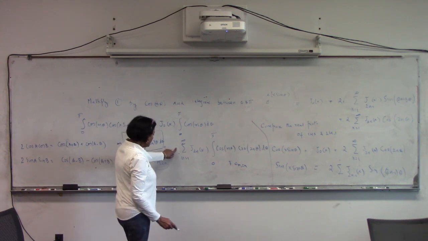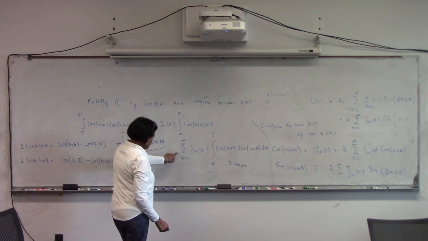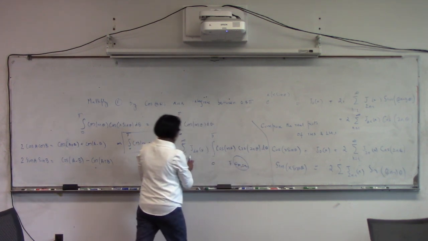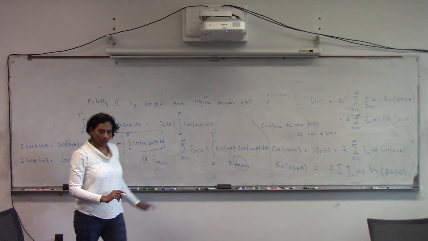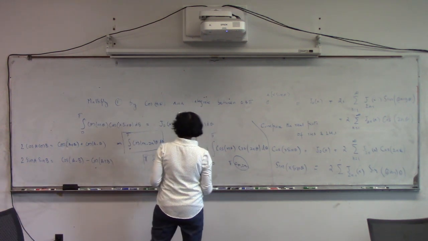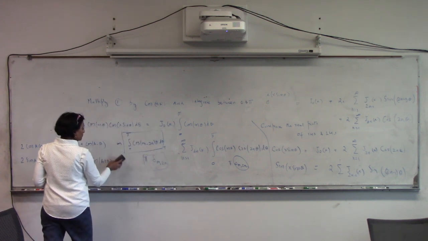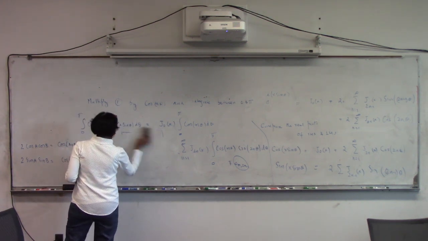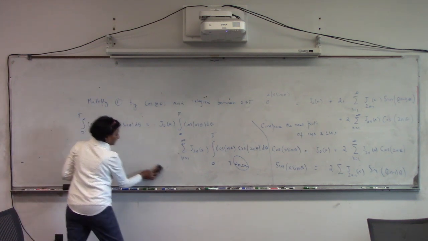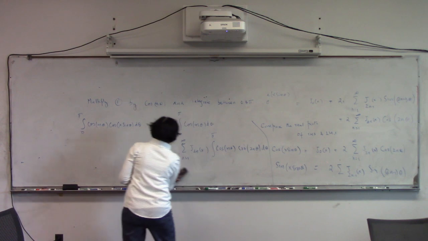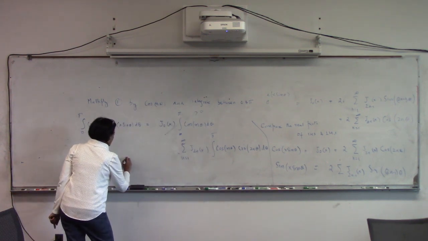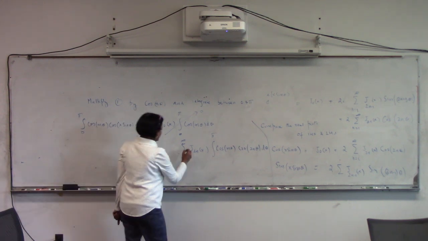So this summation then is nothing but what? Because of this, it contributes only when m is an even number, m equal to 2n, right? So let me just summarize. If you do this integration, that became 0. So we had a 2 also somewhere, right?